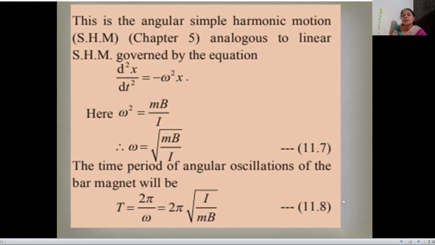Here omega squared is equal to mB by I. Therefore, omega is equal to the square root of mB by I, and the time period of the angular oscillation of the bar magnet will be T equals 2 pi by omega, which is equal to 2 pi square root of I by mB.